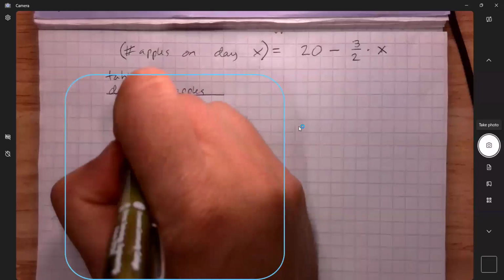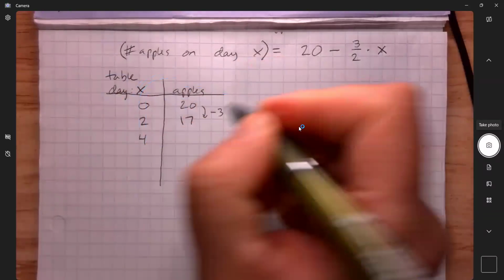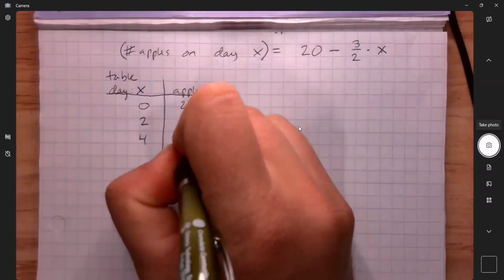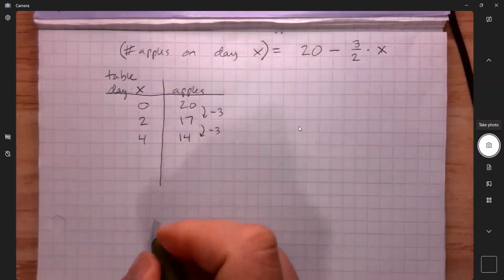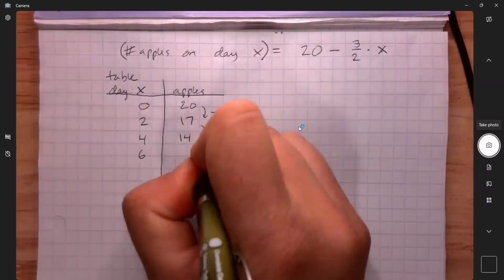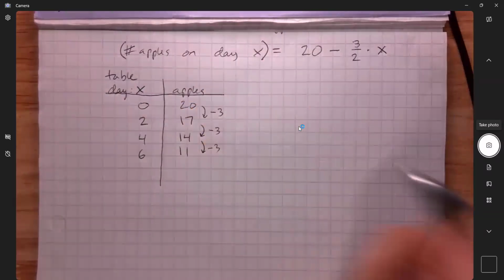And then on day 4, I'm going to eat, right? So that's taking away 3. On day 4, I'm going to eat 3 more apples. So I'm down to 14. And on day 6, I'm going to take 3 more apples. So I'm down to 11.